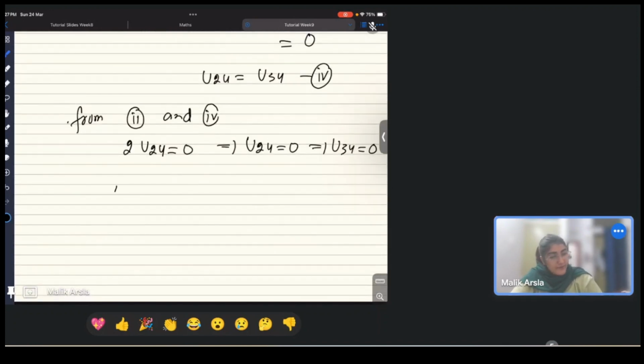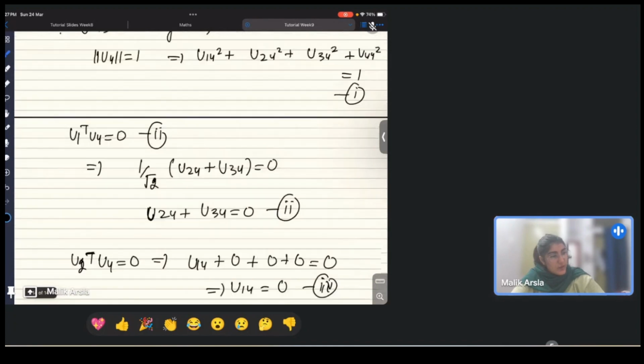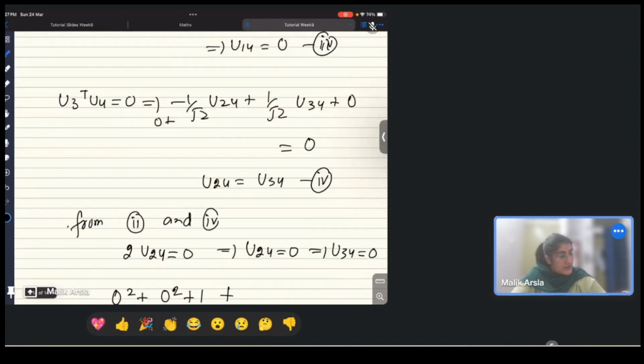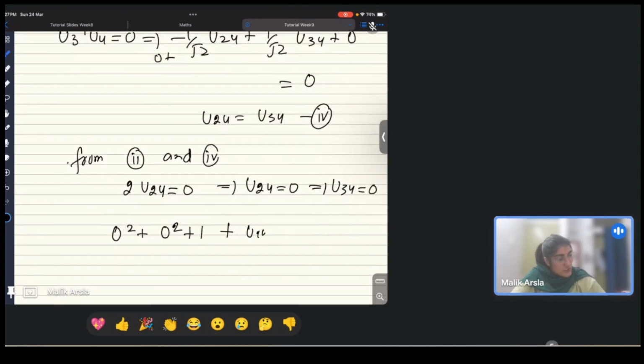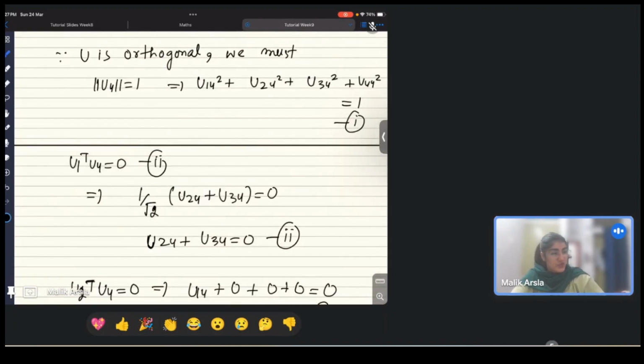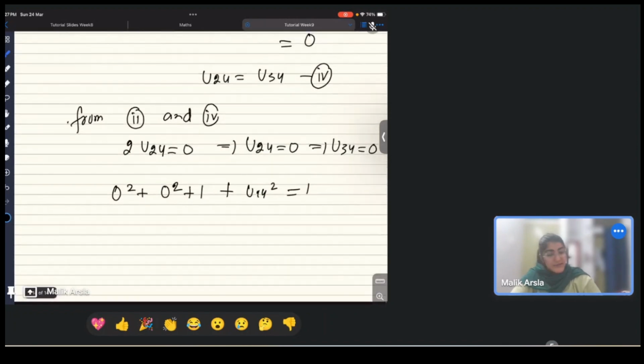Now for checking, 0 square plus 0 square plus 1, because the third we are getting here as 1, and the fourth is U44 square. U44 square is equal to 1, because this is a unit vector.